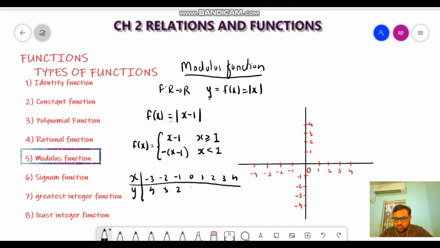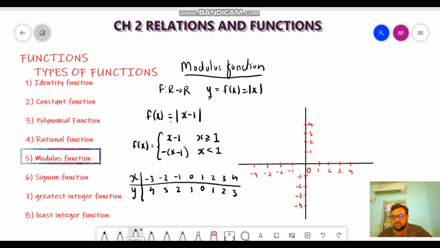Similarly plus 2, 1. When I take x equal to 1, I need to use this formula. So 1 minus 1 is 0. 2 minus 1 is 1, 3 minus 1 is 2, 4 minus 1 is 3.